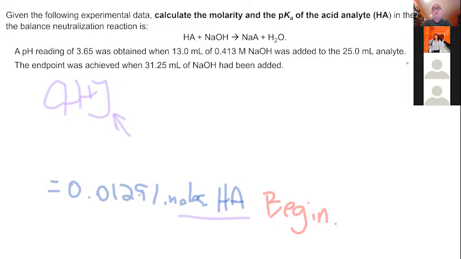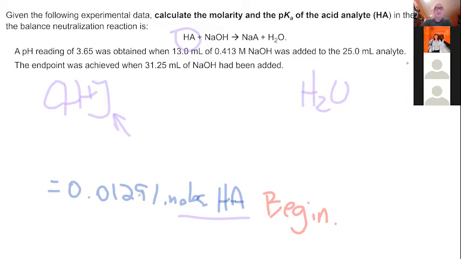See, the problem is there's two sources of H plus. One of them is the weak acid. The other one is the water it's dissolved in. So without the pKa, I have no way of knowing what my concentration of HA is based on the pH, because I don't know what the pKa is.